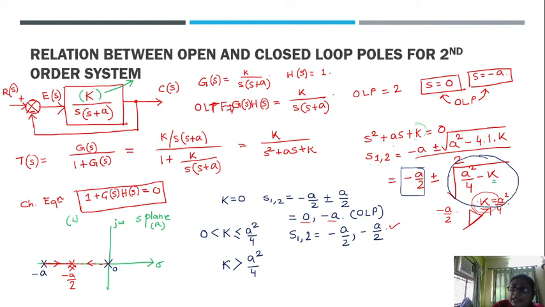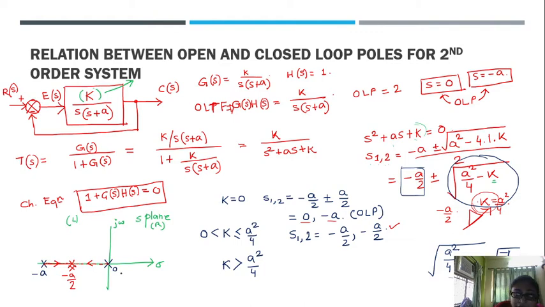That means this part becomes j, because a square by 4 minus k, when k is greater than a square by 4, gives a negative value. Minus of 1 means basically j.